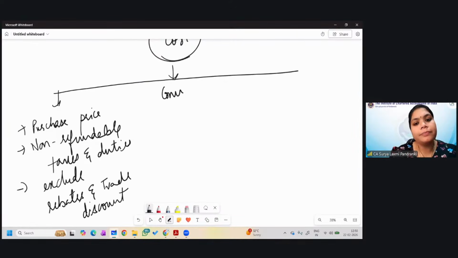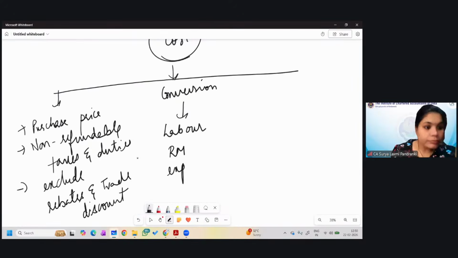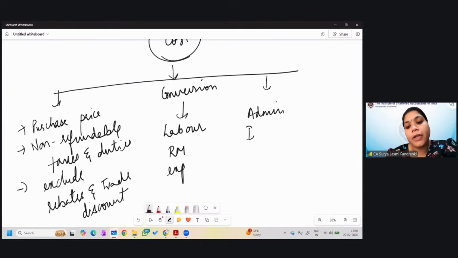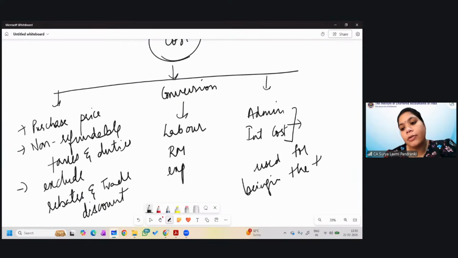And if it is conversion, then I told you labor, raw material, all other expenses. That I told you. And I also told you other costs like admin and interest cost will come, but with an exception or with a condition that it has to be used for bringing the asset to the current location.